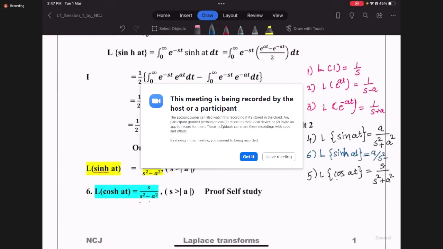It is s square minus a square, the rest is the same. So in simple trigonometry the denominator is plus, but in hyperbolic trigonometry the denominator is minus. The rest of the formula is the same. Laplace of cosh at? s upon s square minus a square.